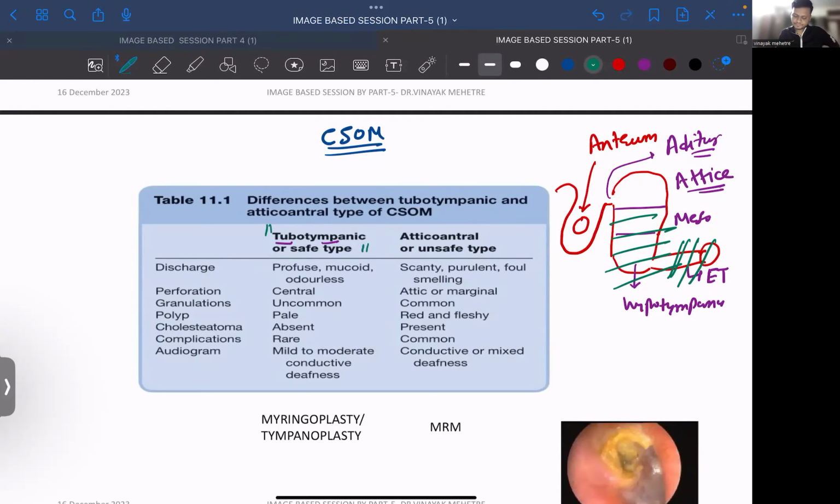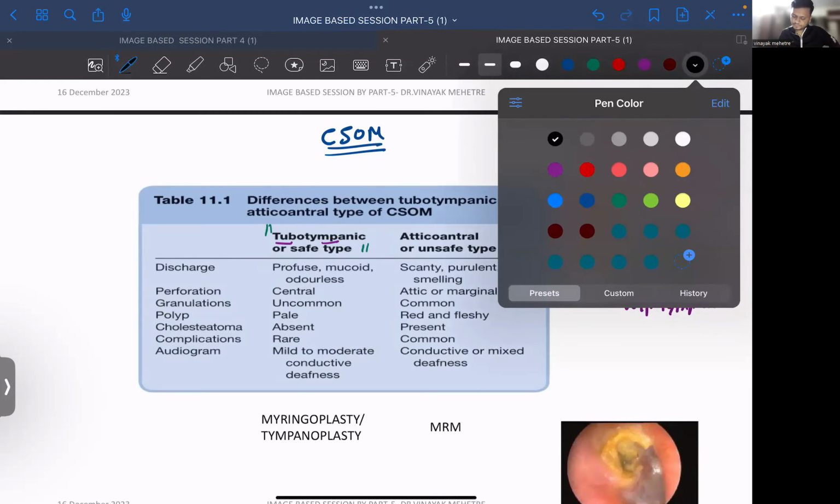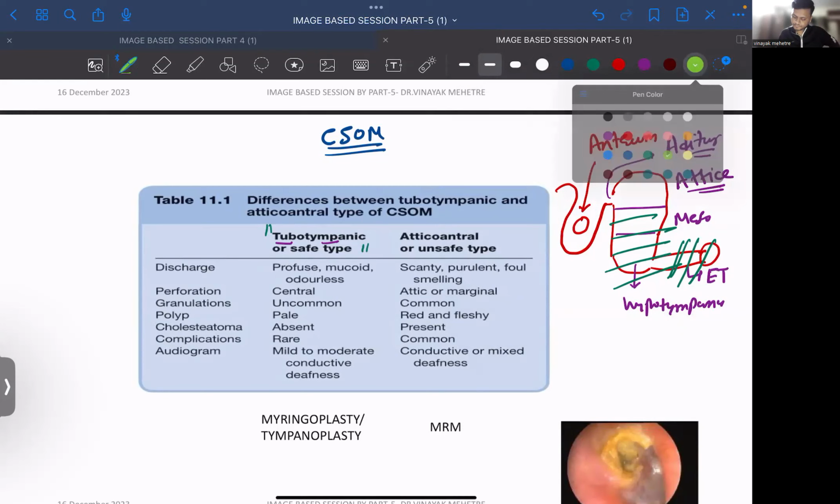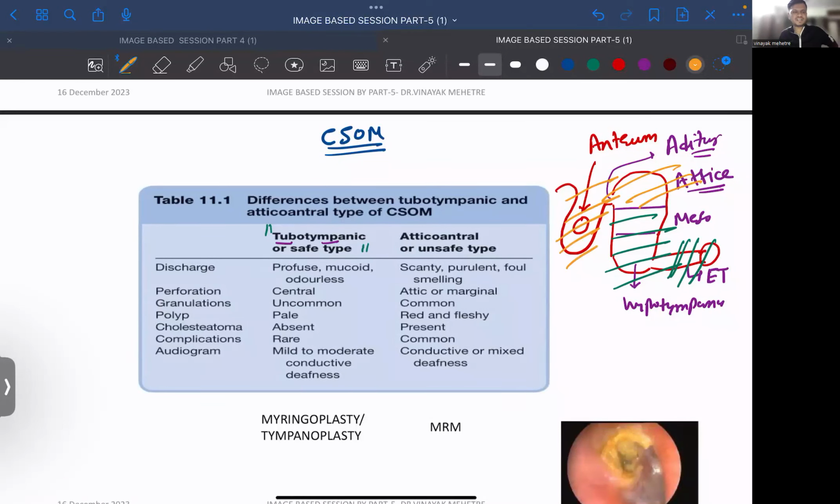Atticoantral means attic and the mastoid antrum, largest air cell of mastoid, is involved, and is called unsafe CSOM.